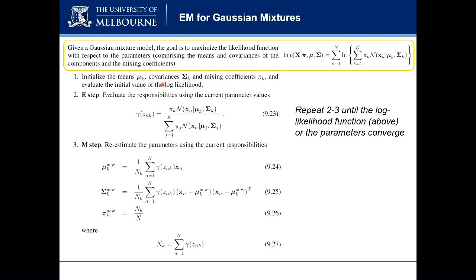We initialize the values of all the components. We again choose the k, predetermine the capital K, how many Gaussian components we want to have. And then in the expectation stage, we evaluate the responsibilities based on the current parameters, find the gamma.